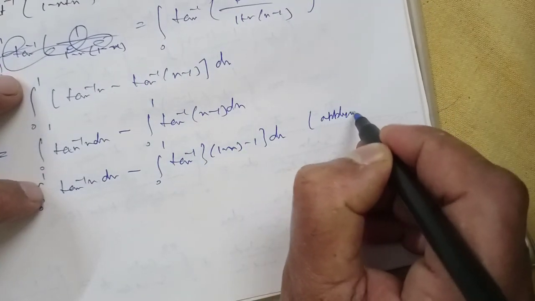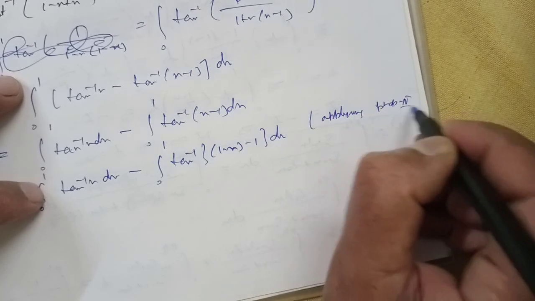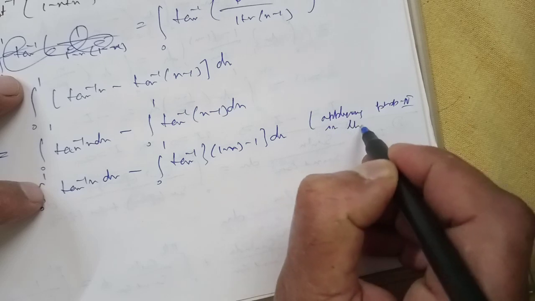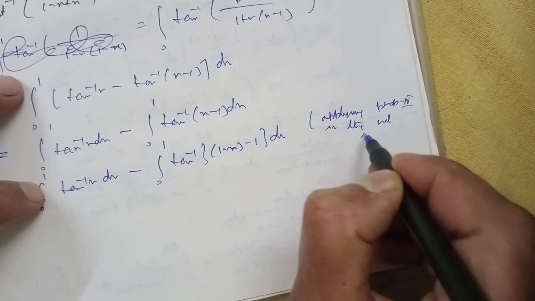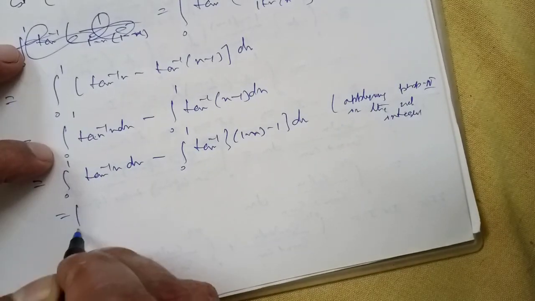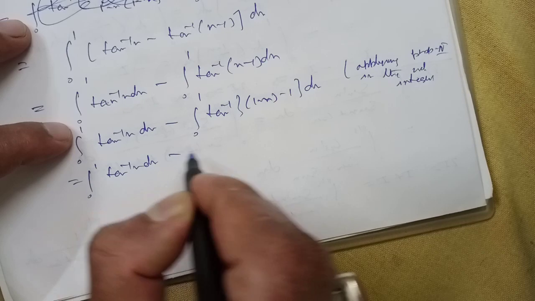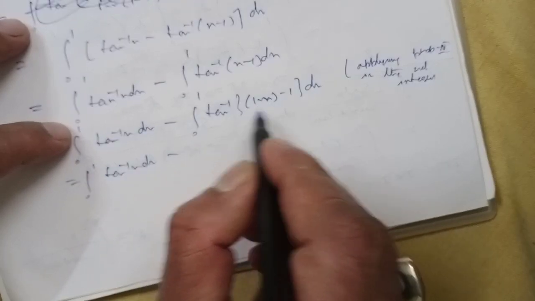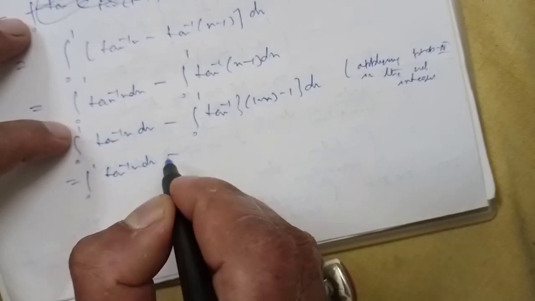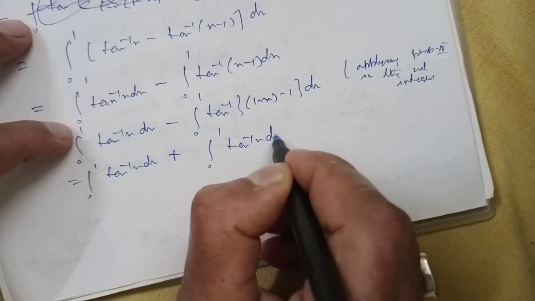Applying property 4 in the second integral, we have to write it this way. So we get 0 to 1 tan inverse x dx minus, this will be tan inverse of minus x, so plus 0 to 1 tan inverse x dx.